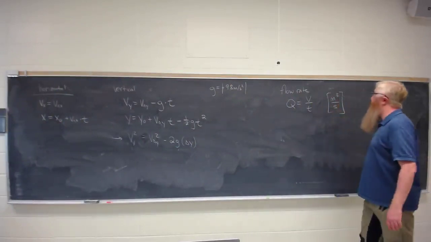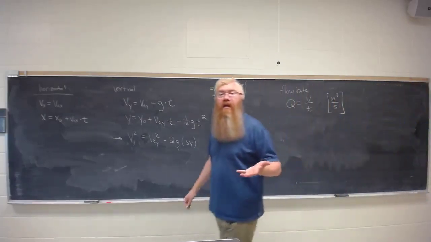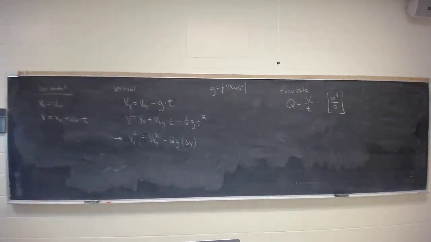So this is meters cubed per second. Think of it like filling a swimming pool. How long would it take? Well, if you have a little garden hose, it would take a very long time to fill an Olympic-sized swimming pool because the flow rate would be small. But if you have a huge, large radius tube pumping out water at the same speed, you get a lot more volume out and the flow rate would be higher.